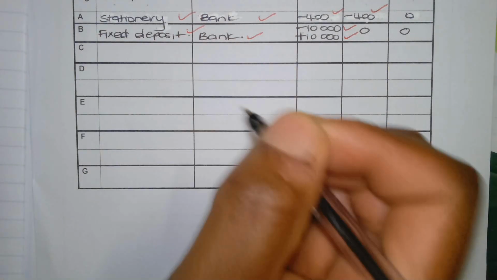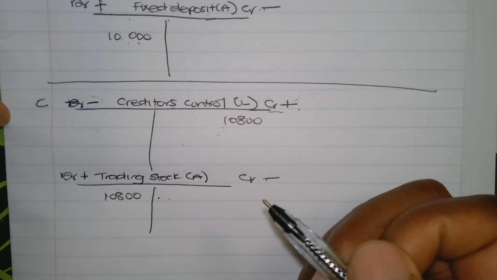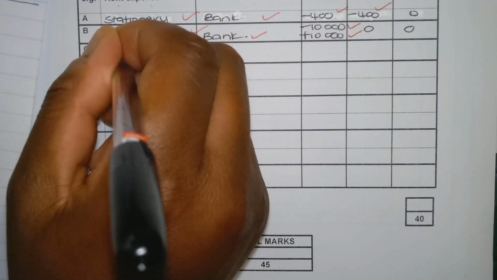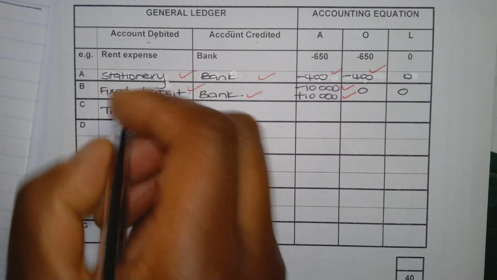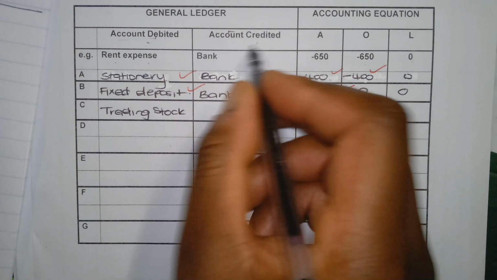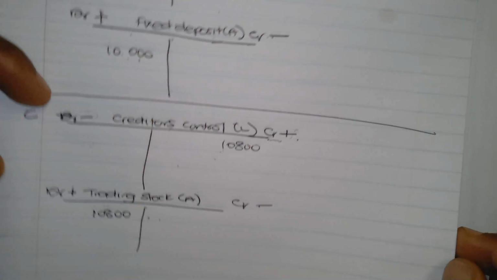So see, we have what as a debit from the two? We have trading stock. So account debit is trading stock. Account credit is what? It's creditors control.